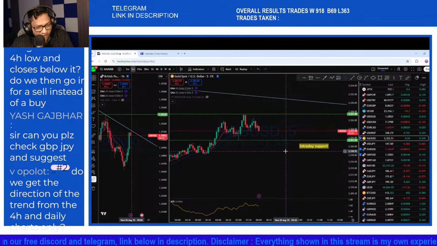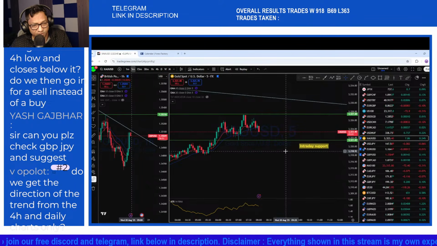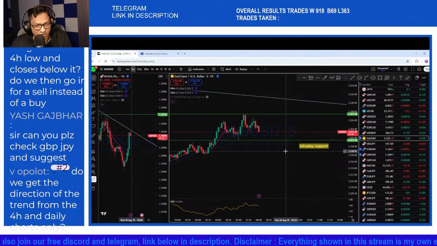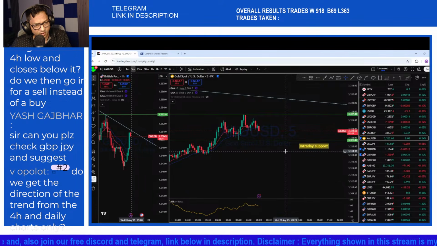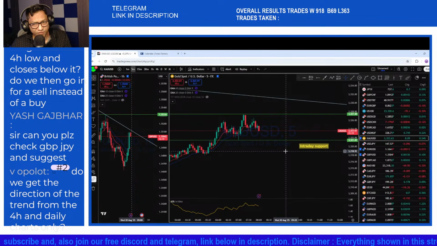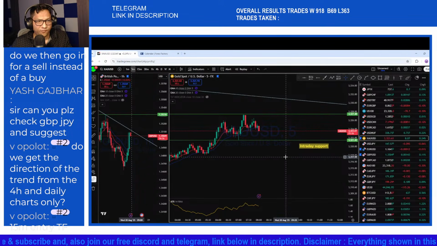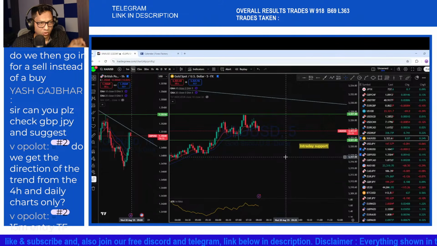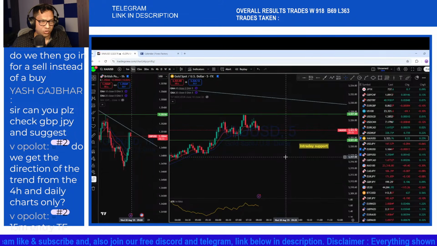If you are entering on 5 minutes, the higher time frame would generally be 1 hour, or 4 hour at max, preferably 1 hour. You have to have one time frame on the higher and one time frame for entry on the lower.